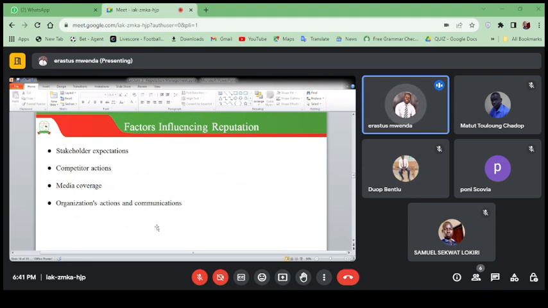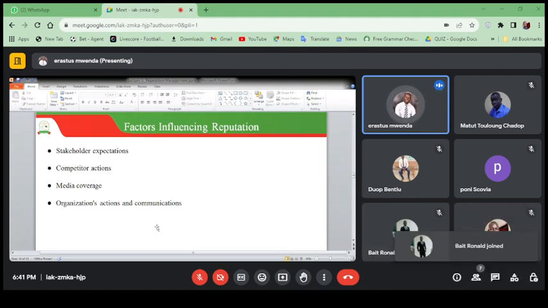The other one is the levels of media coverage. Like we were saying yesterday, anything that you do positive, you need to put it out there in print media, in television, in radio, so that people can know that this and this has happened. I was giving an example of when a healthcare facility, in the name of a hospital, does the first of its kind of surgery.